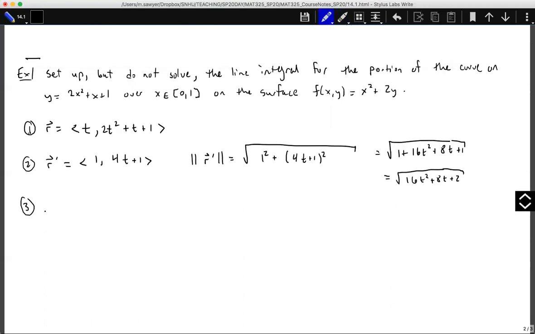So we get the integral from 0 to 1. Our function is t squared plus 4t squared plus 2t plus 2. So substituting the t into the x and the 2t squared plus t plus 1 into the y.